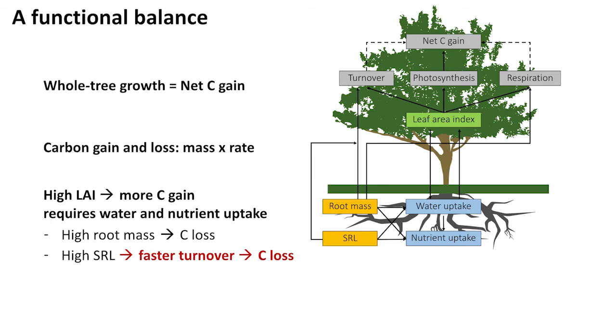And we've incorporated this relationship into the model so that an increase in specific root length leads to an increase in the turnover rates and therefore to an increase in the carbon lost through tissue turnover at the whole plant level. And again, we tested how fine root mass and specific root length influence tree growth.